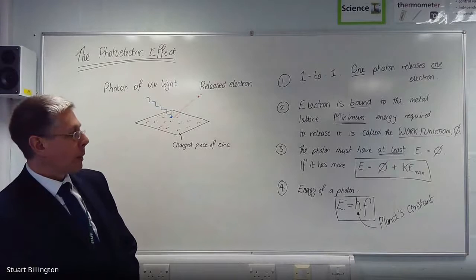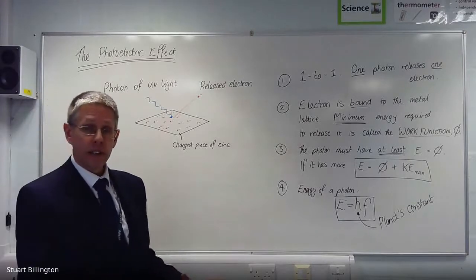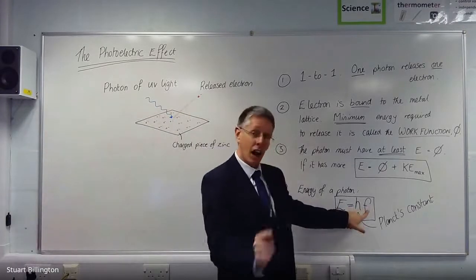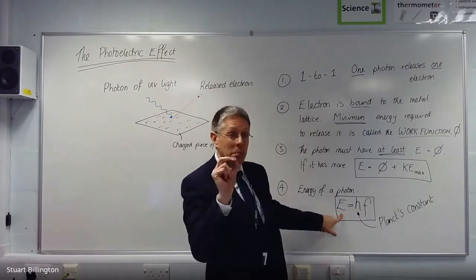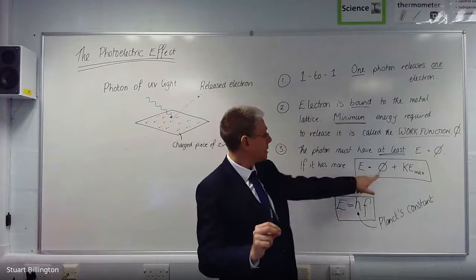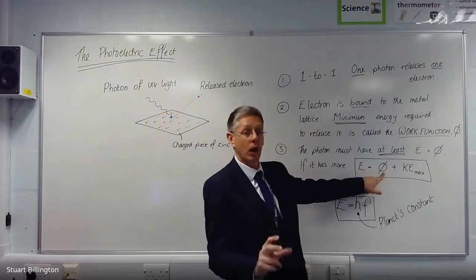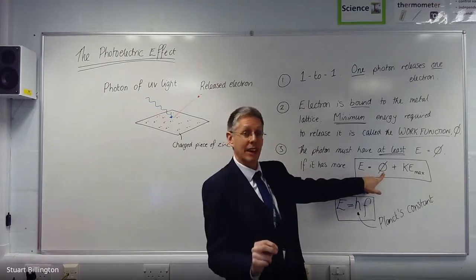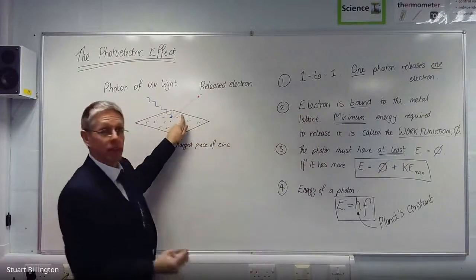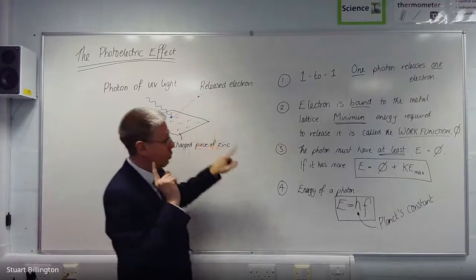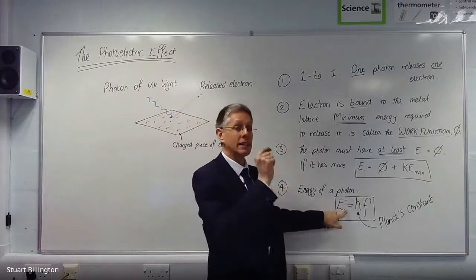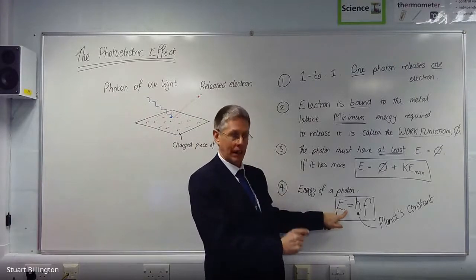So basically, the idea is if the frequency is high enough, the energy will be high enough. And in particular, it needs to be higher than phi, the work function. And if it is, electrons will be released one at a time, because one photon releases one electron.